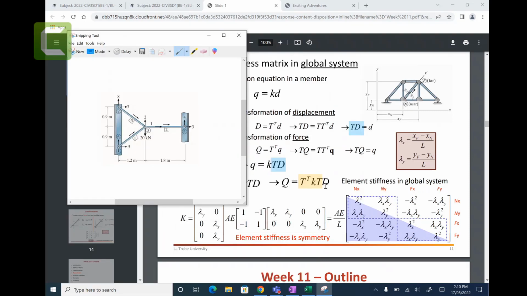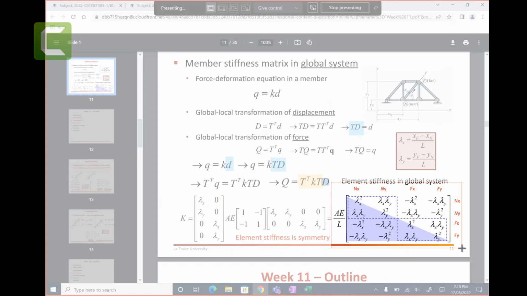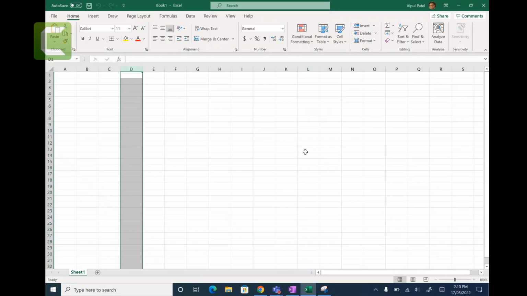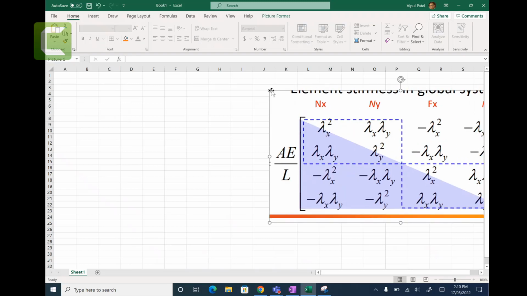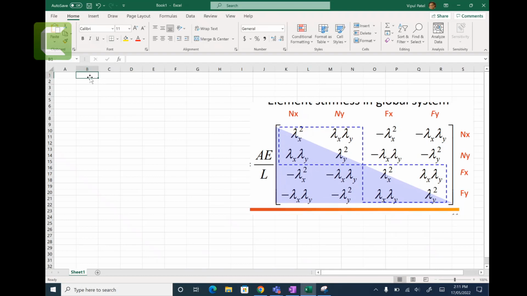Let's do the Excel first, then. Let's see, what inputs do we need? Let's put the input here.